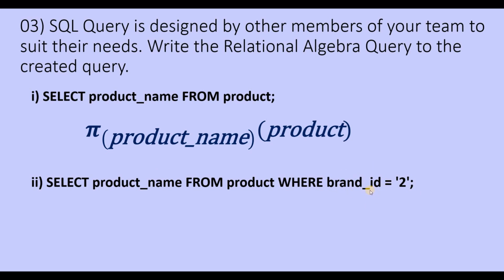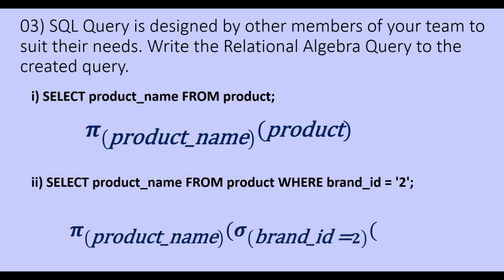For that we have to use the selection. First we have to select the products which have the brand ID equal to 2. From that we can get the product name.